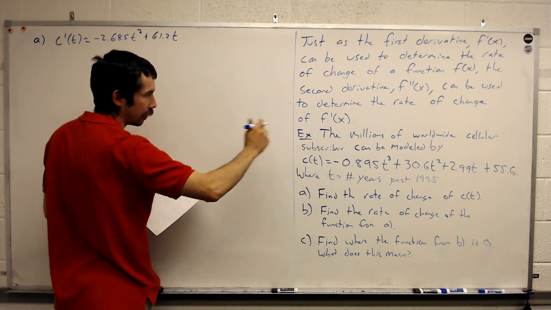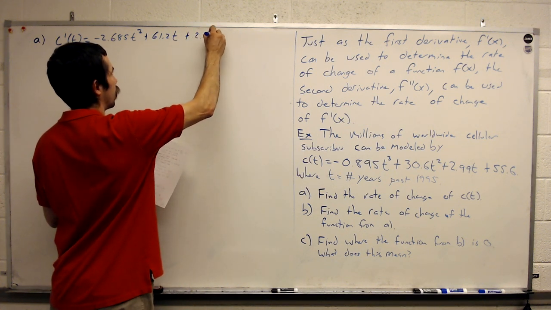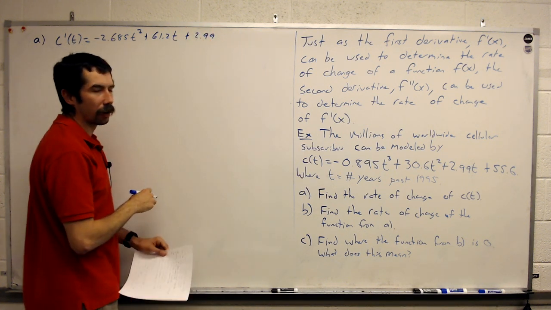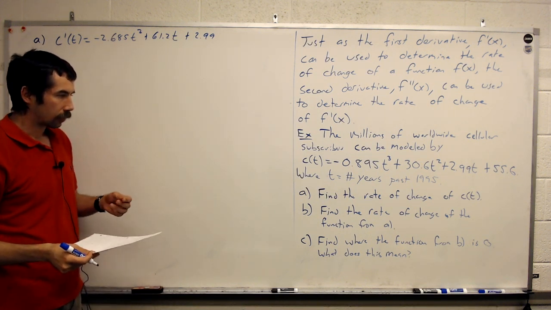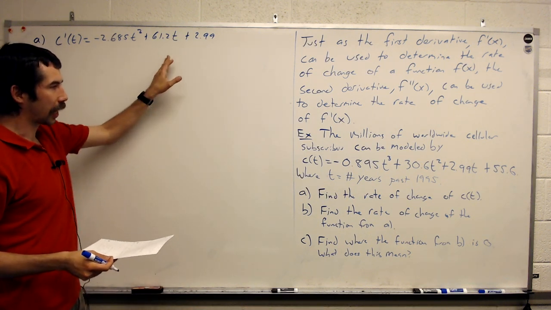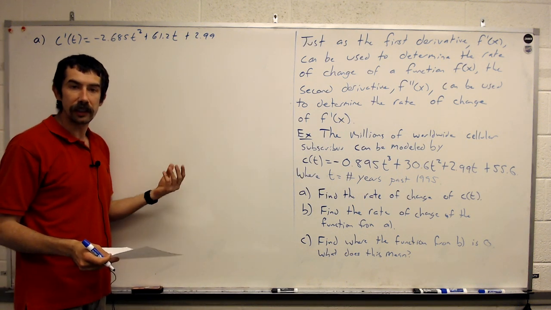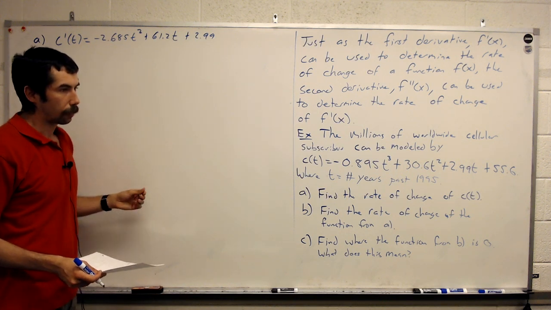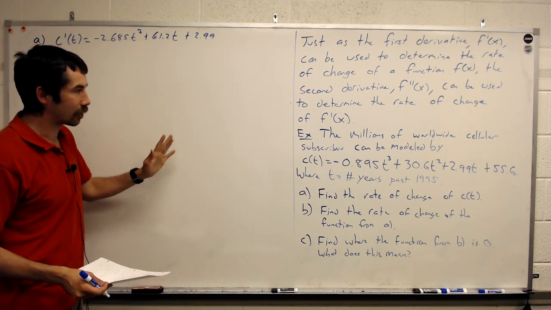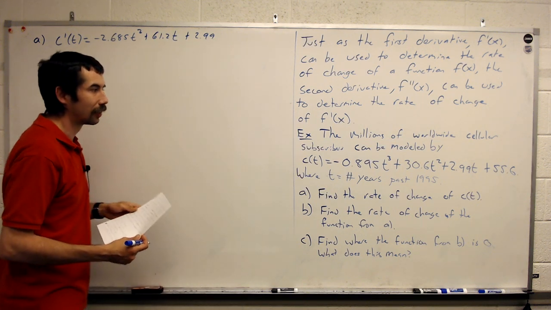And then the derivative of 2.99t is plus 2.99. And the derivative of 55.6 is 0, so we don't have to include that. So this is the rate of change of the number of cell phone users worldwide. This is likely going to tell us that the number of users is increasing.